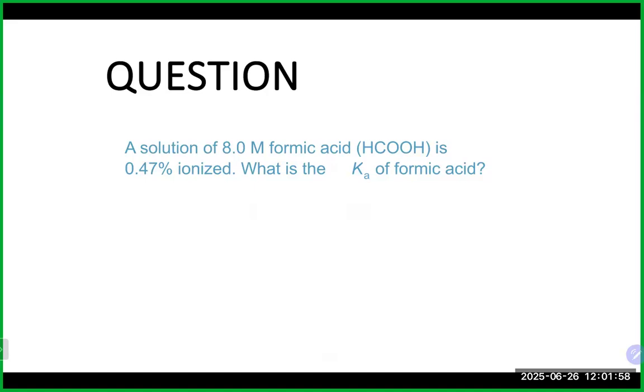So we could approach this like a normal weak acid problem. By the way, I do know it's a weak acid. Otherwise, I would not be looking for a Ka value, right? So I'm going to start with an ice table like I would normally do. I'm going to take my formic acid and dissociate it into H plus and my formate there.